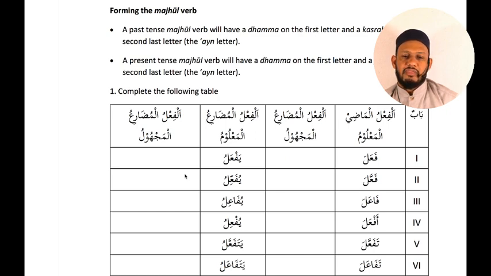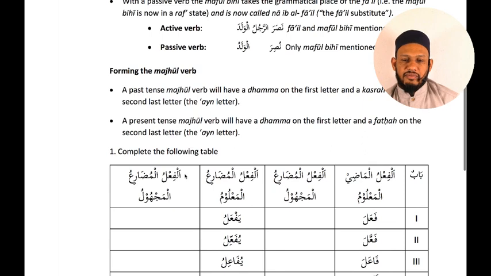It says forming the majhul verb. It says a past tense majhul verb will have a dhamma on the first letter and a kasra on the second last letter.